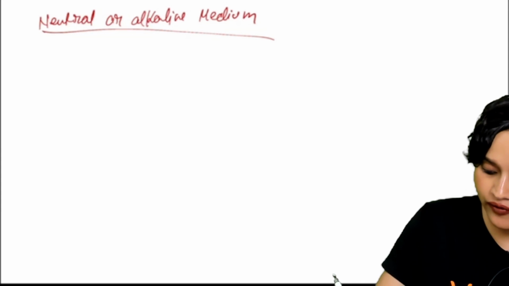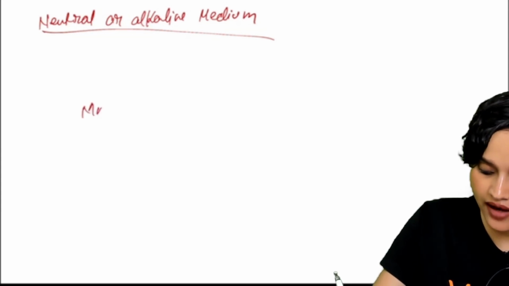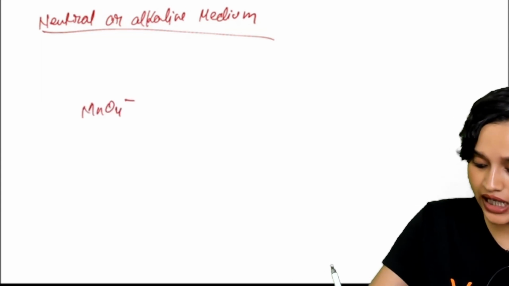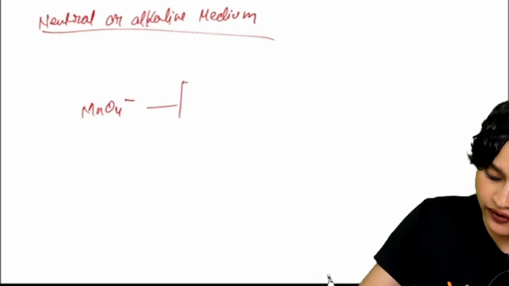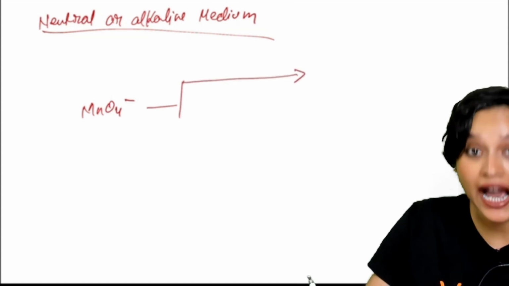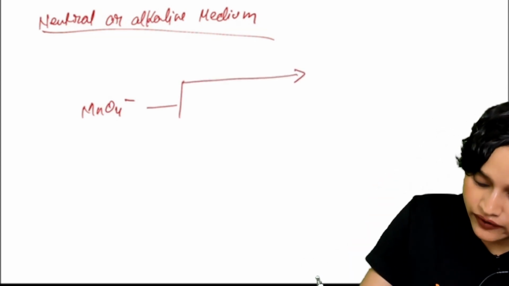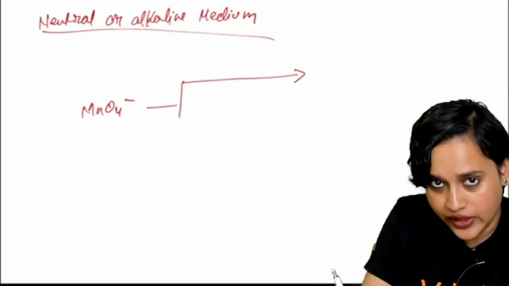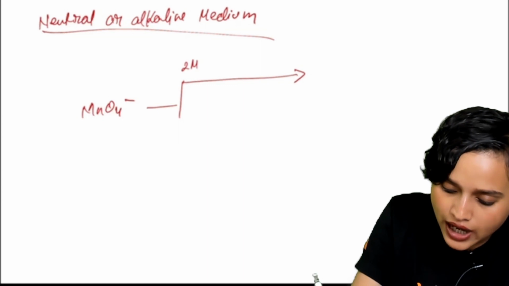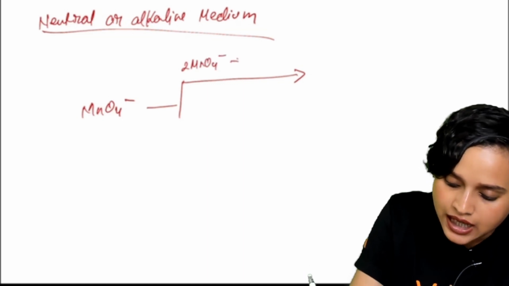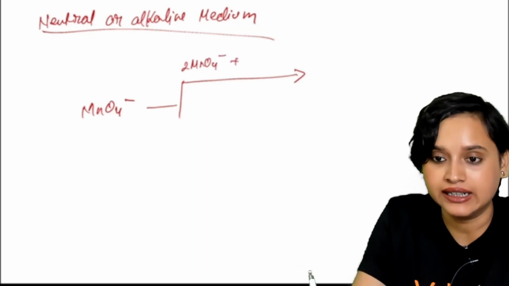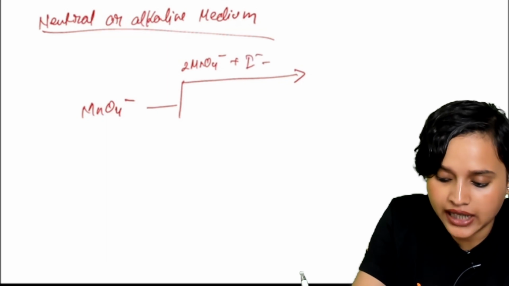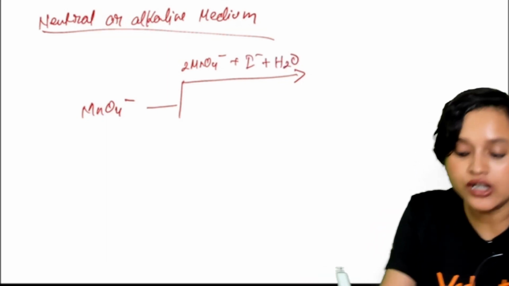Once again, we have MnO4⁻ that we are taking, and from here we have to convert iodide to iodate. So let's take 2MnO4⁻ plus iodide, that means I⁻, in a neutral or alkaline medium.